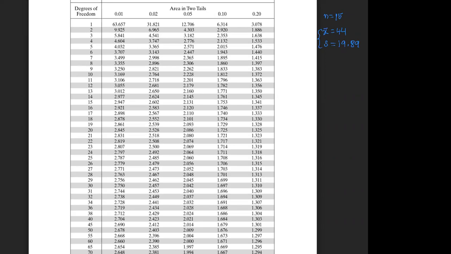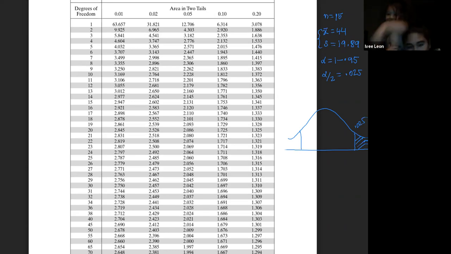All right, so what is the confidence level they want? 95%. So alpha is 1 minus the confidence level, which is 1 minus 0.95. So alpha over 2 is 0.025. Now, if I were to draw this, it is the student t-distribution.